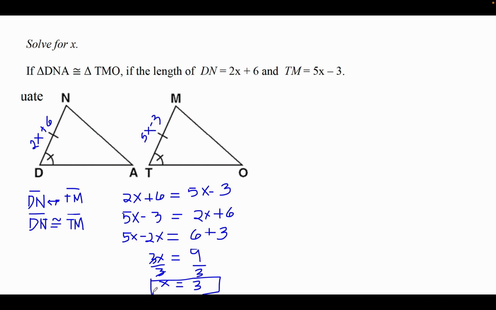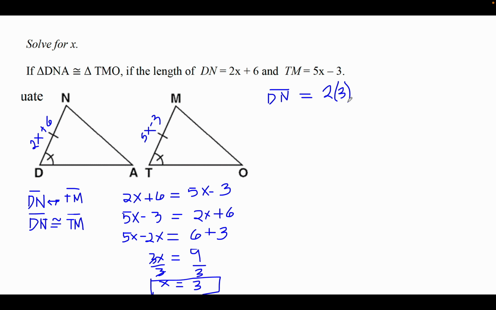But this is not yet the final answer because we need to find the length of DN and TM. So after this, substitute 3 for x. So therefore, we have side DN is equal to 2, and our x is equal to 3.